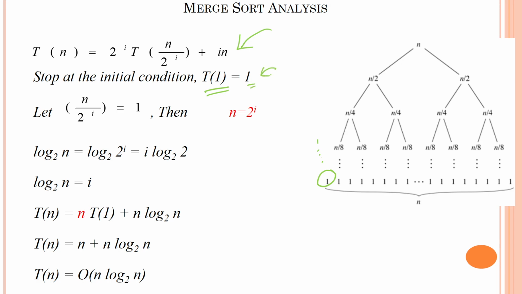From this condition, we get T of 1 when the substitution value is 2 power i.